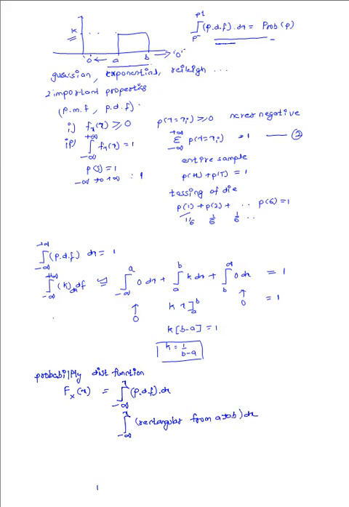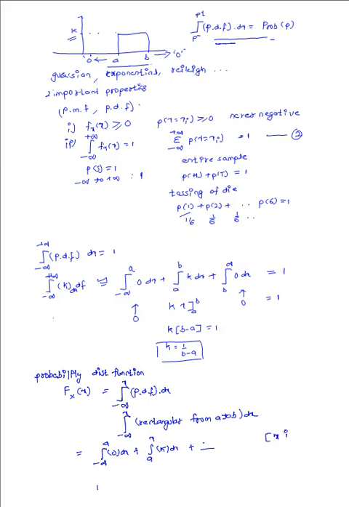I can write this as the integral from minus infinity to a of 0 dx, plus the integral from a to x of k dx, plus, here the third term doesn't come because x we have considered to be between a and b.